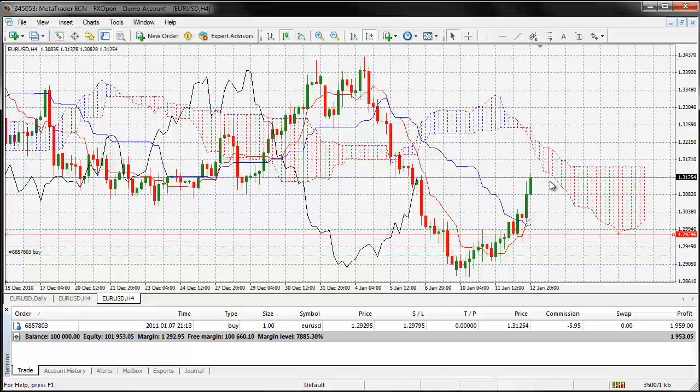What's going to happen, it's going to touch the top of this line here, which is the bottom part of the Kumo cloud, and this Kumo cloud is Senkou Span A. Because the currency prices are below the Kumo cloud, this will represent a floating resistance level.